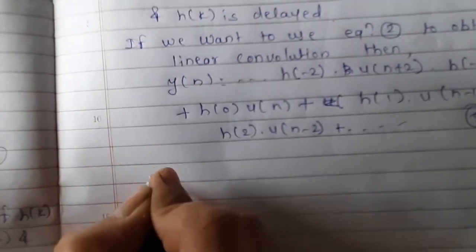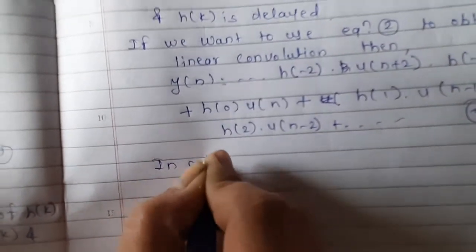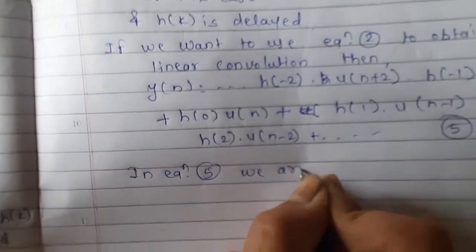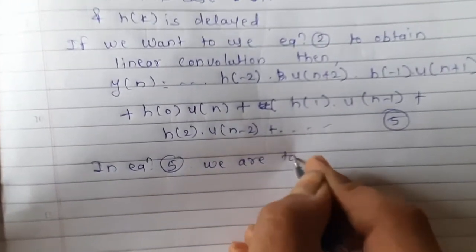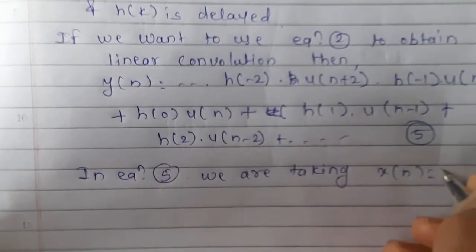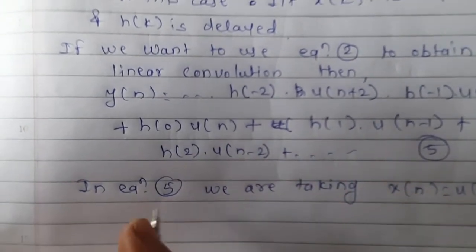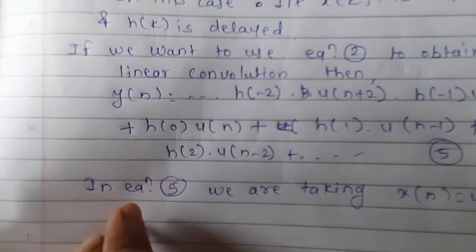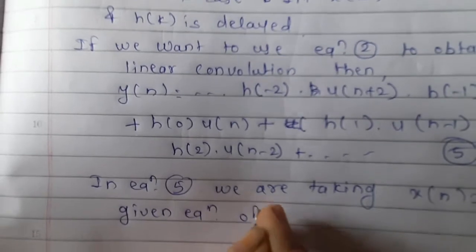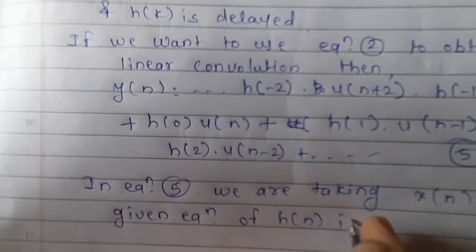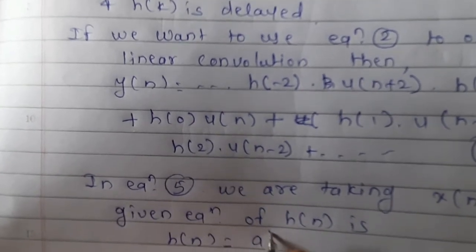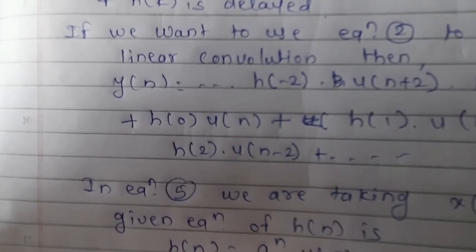So in equation 5 we are taking x of n is equal to u of n, and given h of n is equal to a raised to n u of n.